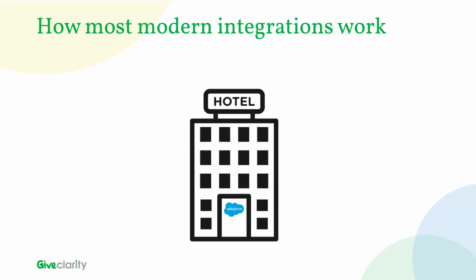An analogy that's often used is a hotel. If we think of our Salesforce org as being a bit like a hotel that we allow guests into, and we allow them access to certain areas depending on who they are and what they're allowed to do, based on what they booked at the hotel.